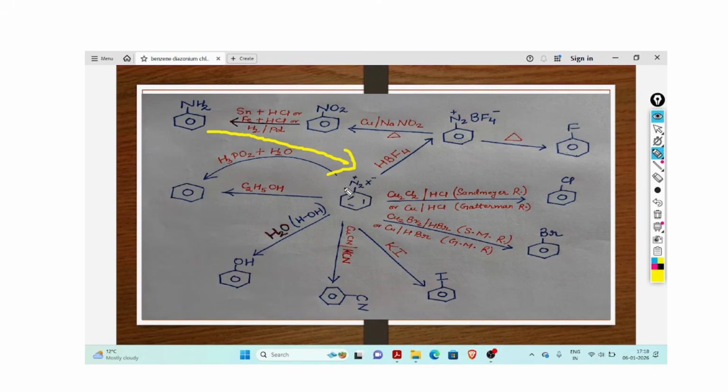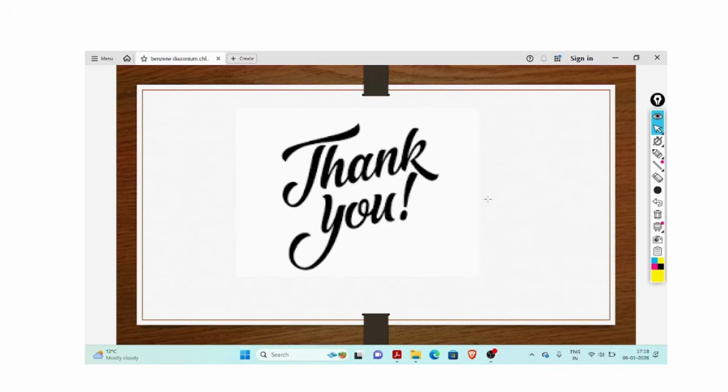I think you must know this reaction, very important for the preparation of benzene diazonium salt. So these are the reactions of benzene diazonium salt. This is all about its reactions. Thank you. All the best.